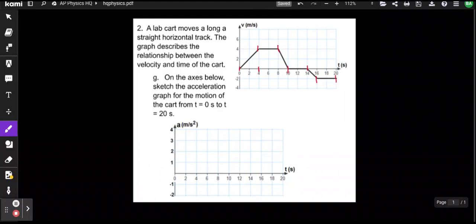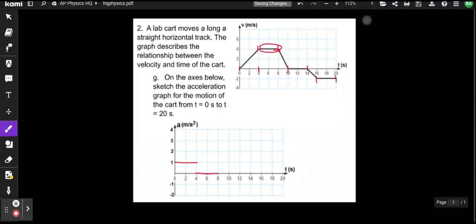So it looks like from 0 to 4 seconds, our slope is 4 over 4, which is going to give us 1 meter per second squared. So from 0 to 4 seconds, we have 1 meter per second squared. And then after 4 seconds, we have a slope of 0 from 4 to 8 seconds. So a slope of 0 gives us an acceleration of 0.